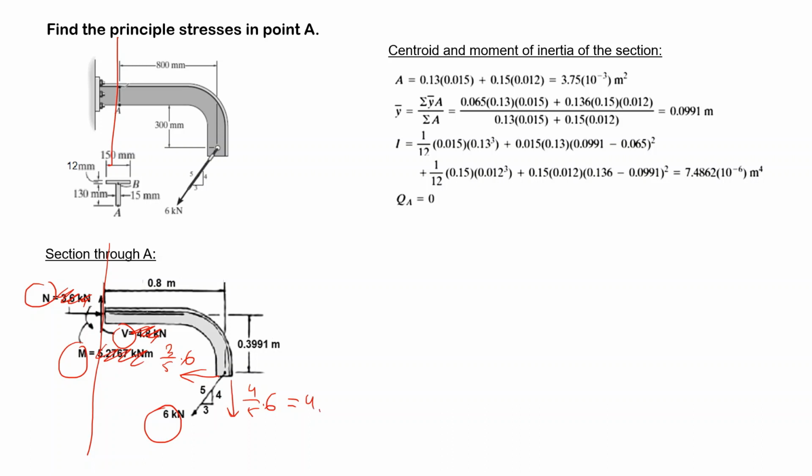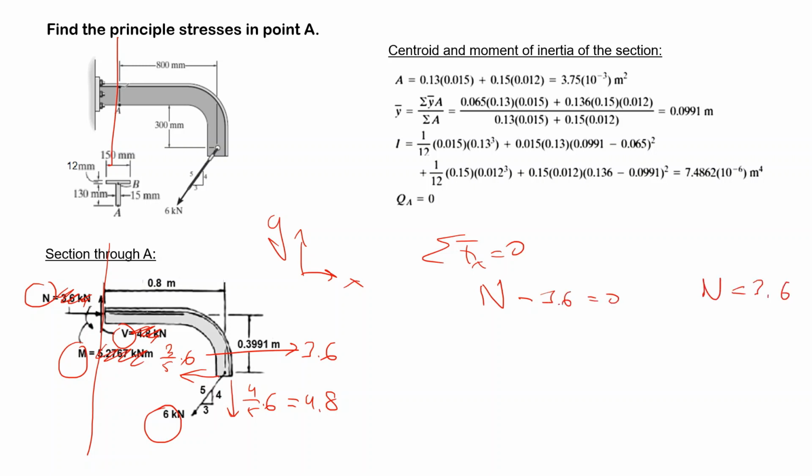That's 4.8, and this is 3.6. Now the equilibrium. If you take the x and y axes like this, sum of Fx equals 0 gives you N minus 3.6 equals 0, N is equal to 3.6. That's what we have determined.